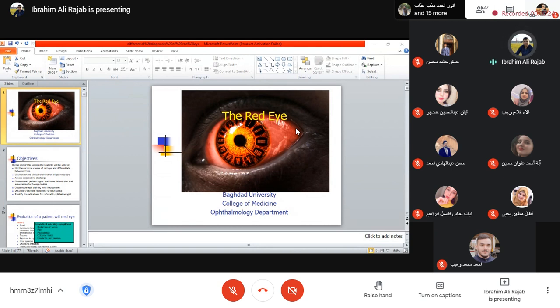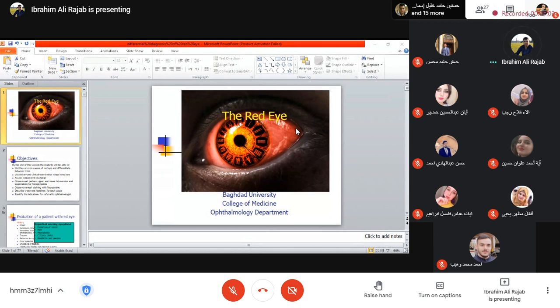Taking history from a red eye patient, we can reach the diagnosis, or we can narrow the differential diagnosis of red eye. For example, if the patient presents with red eye and says that I have a foreign body sensation and pain and photophobia, we may think that this patient has a corneal problem because there is a triad of pain, foreign body sensation, and photophobia.